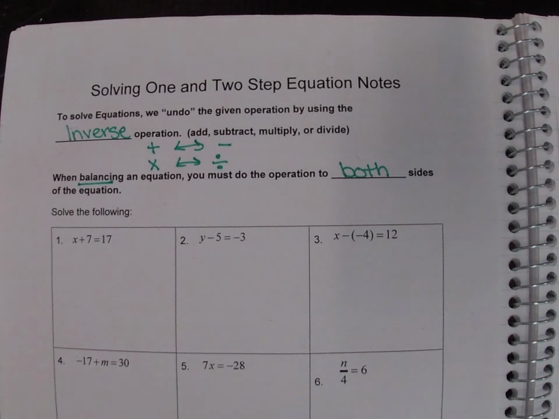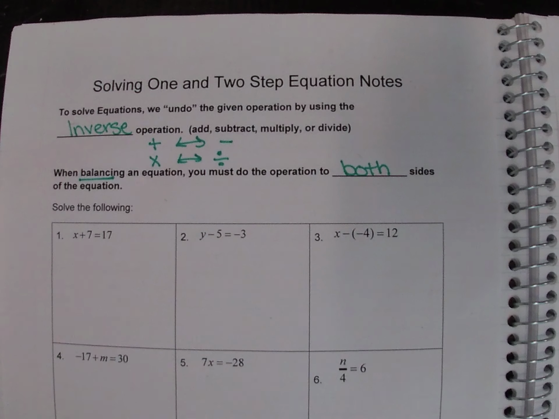Realistically, we can do whatever we want to either side of an equation. I could decide, no matter what equation I see, I'm going to add 17 to both sides, or I'm going to multiply by -22 each time. The key, though, is that we want to strategically pick what we do to both sides so that we're able to get the variable by itself.